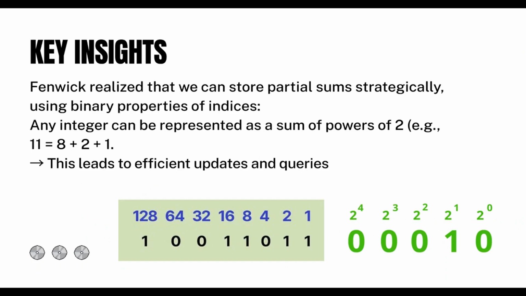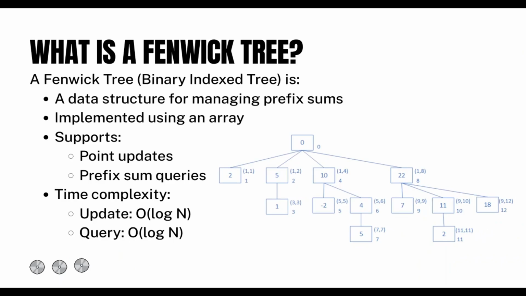Then if you want to find the whole sum of element 1 to n, you can get the sum of the two subsums. And the idea is that he realized that any integer can be represented as a sum of powers of 2, so it is basically the binary number. So he thought that this approach may lead to efficient updates and queries.